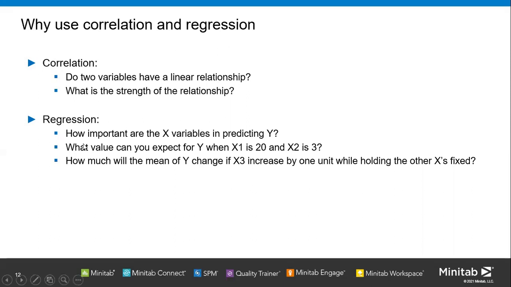We want to know how important the x variables, meaning the predictor variables, are to the y, our response variable. From regression you can also get prediction. You expect a certain y when your x is 20 or when your x2 is 3. So you can do the prediction.